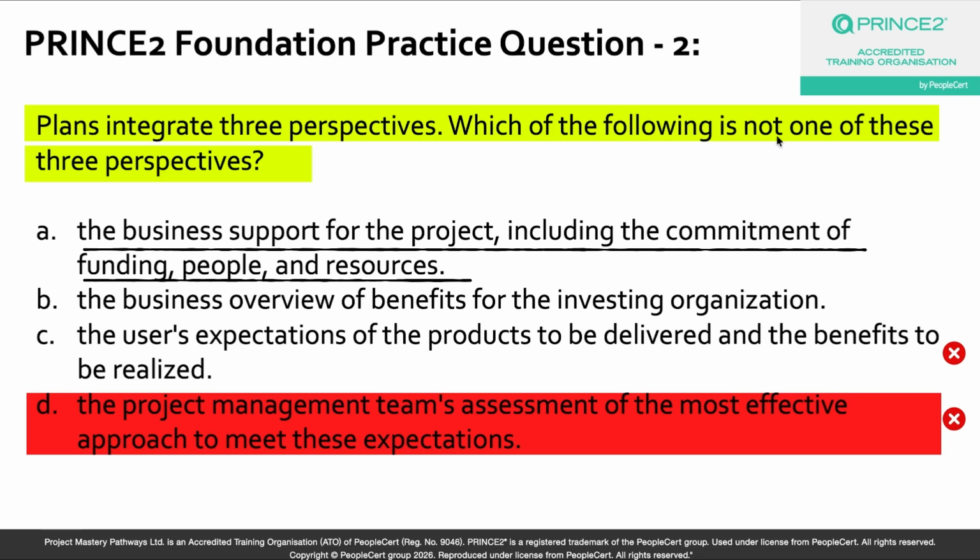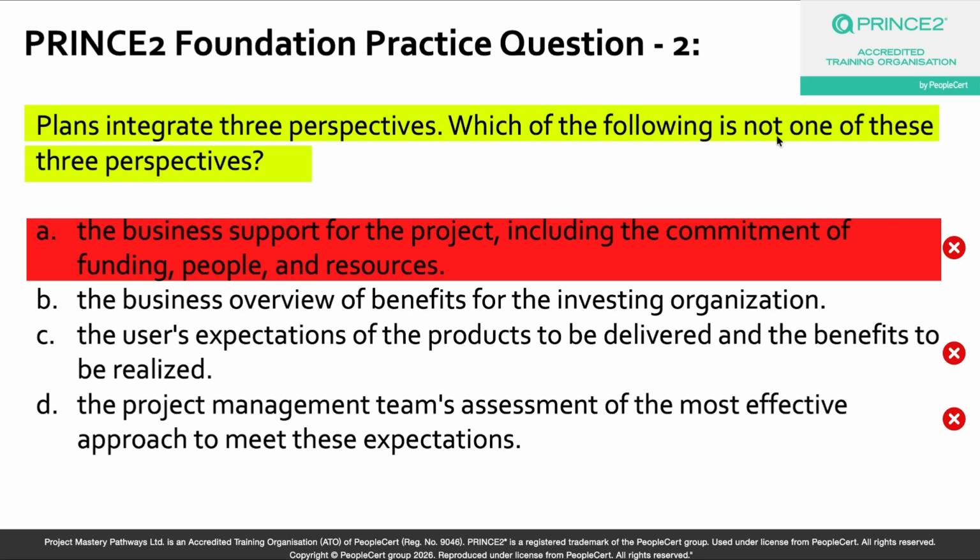So in practice, imagine a project manager presenting a beautiful plan to the project board with no funding commitment behind it. Okay, so that plan is really worthless. The business perspective anchors the plan in a commercial and organizational reality. So option A is the third of the three perspectives of PRINCE2 planning, and hence it's not our answer for this question.